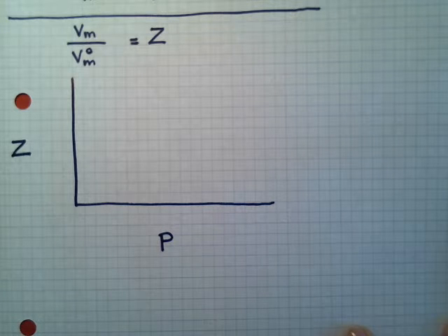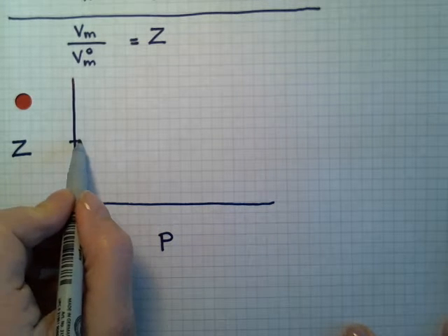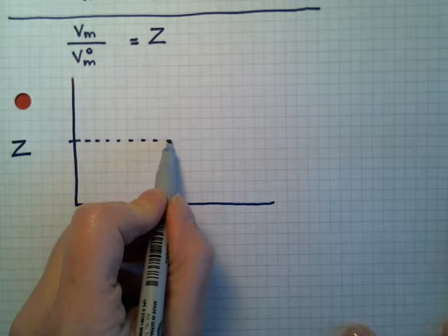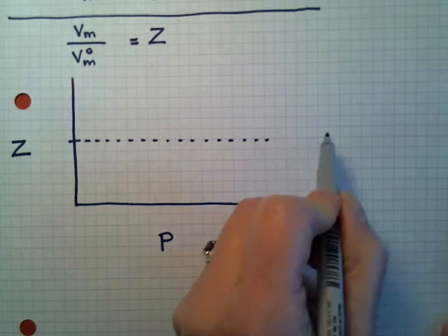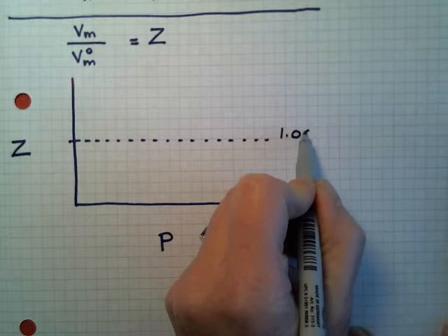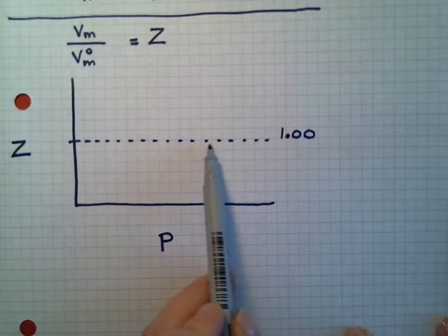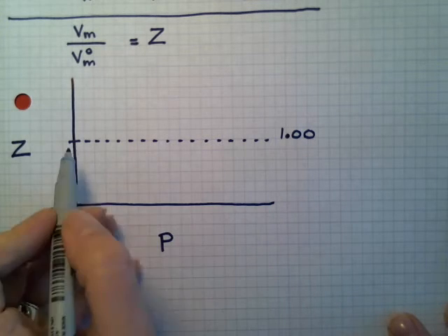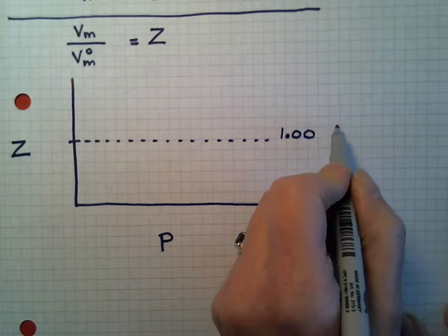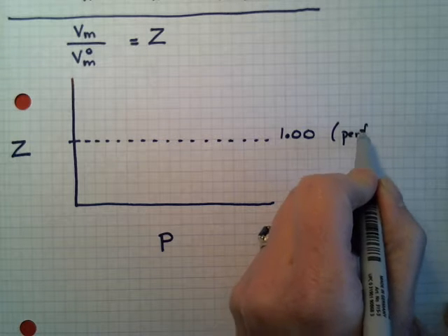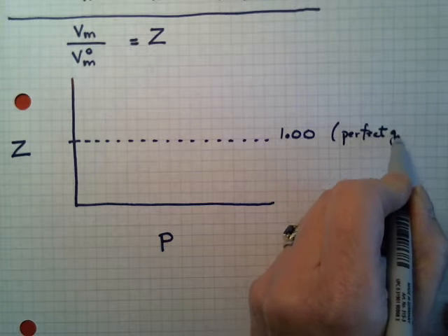Our reference point is, I'm going to draw it as a dashed line, 1.00. Normally the Z factor, or the compression factor, is written with 2 decimal places, so normally 3 sig figs. So let's make our reference point 1.00. This Z would be for a perfect gas.